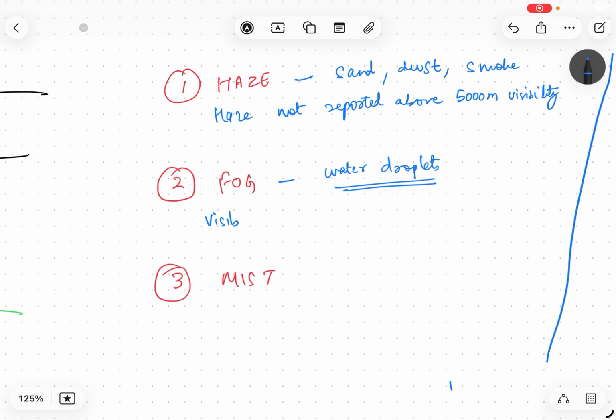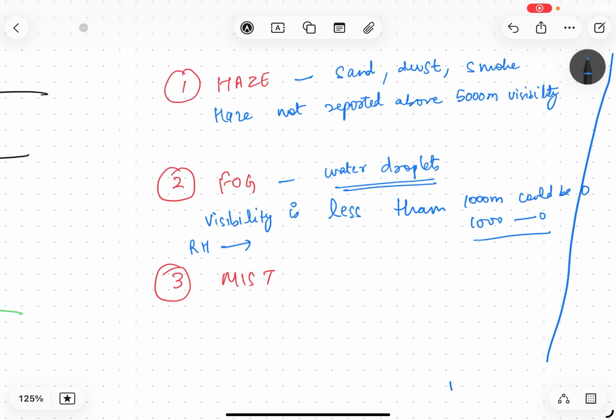So the point to be noted is that visibility is less than 1000 meters. That is when you could say it's fog, or also could be 0. So it's between 1000 to 0 that visibility will be when there is fog. And because it's water droplets, relative humidity is close to 100%. So these are the important points and questions could be asked on it.